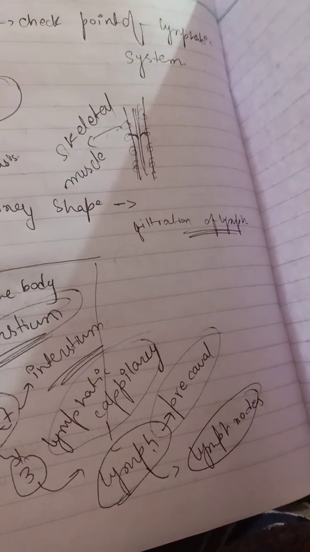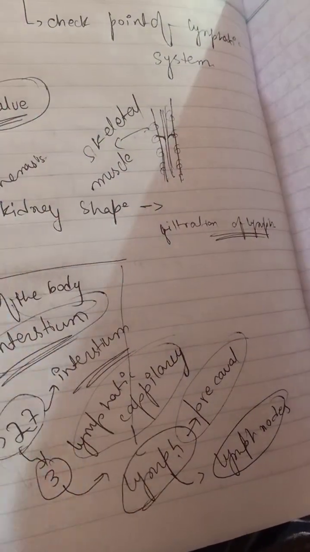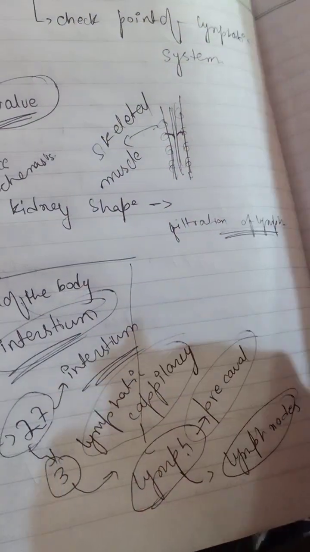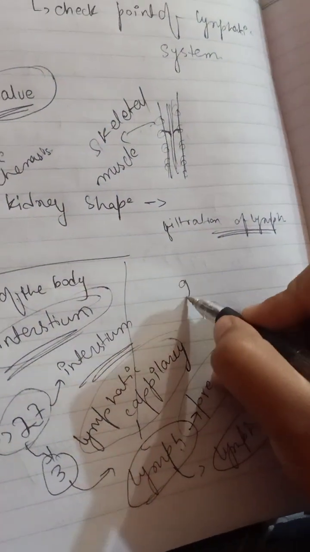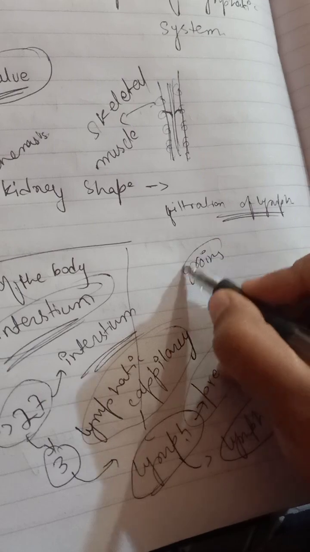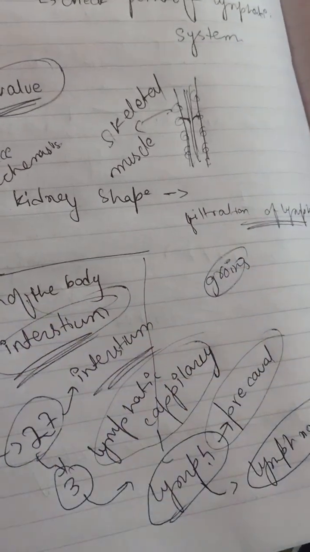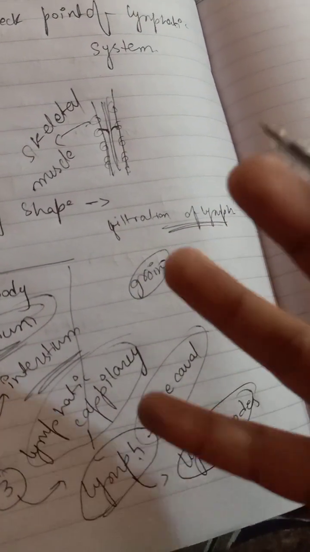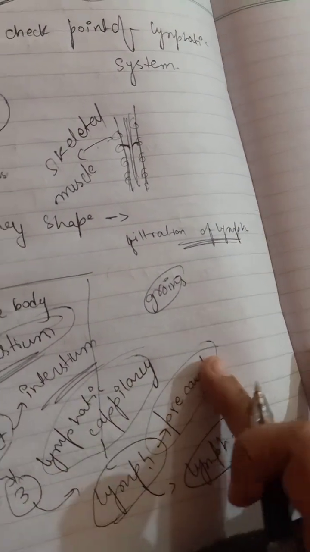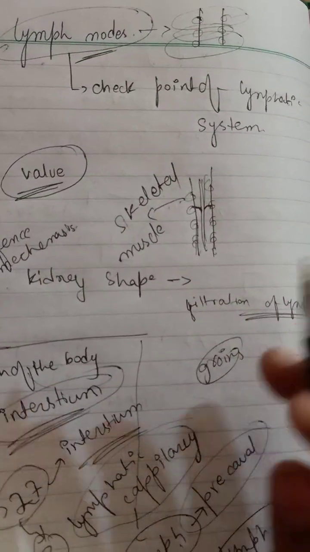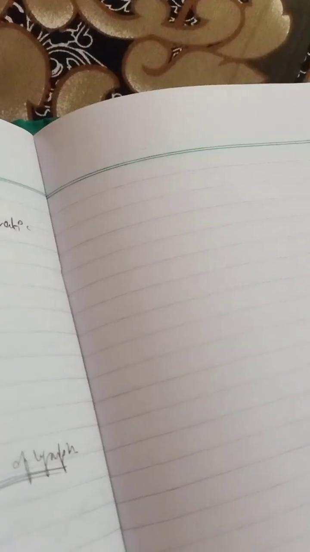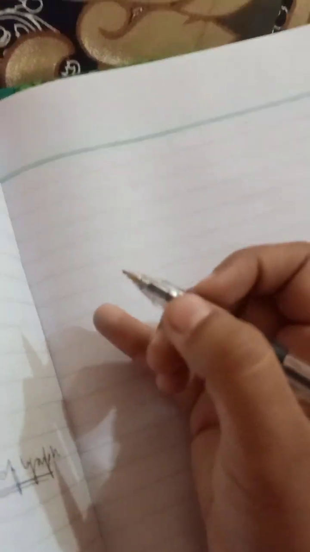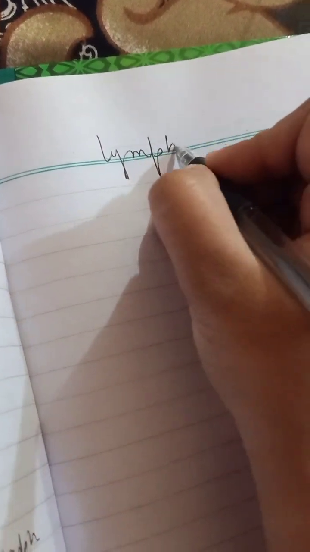The lymph nodes are more in the neck region, armpit, and groin too. The groin is present in the pelvic girdle region, and there the lymph nodes are present. I will tell you what a lymph node is with the help of the structure, so you will easily understand it. If we talk about the lymph node structure.